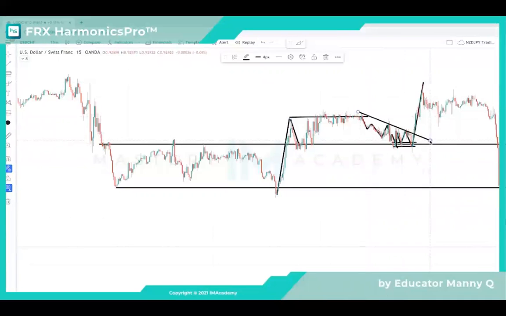Let's delete all those lines so it's not too choppy. This right here is what we would consider a counter trend or a pullback in the market.